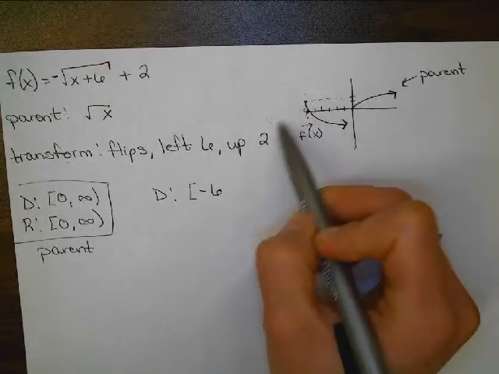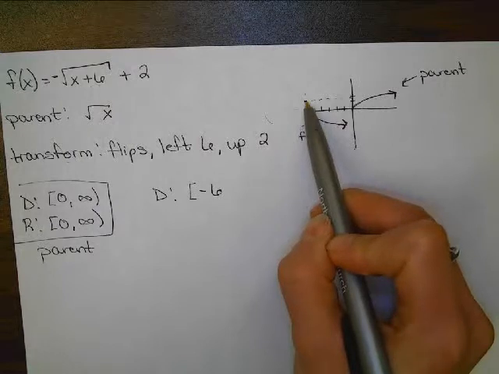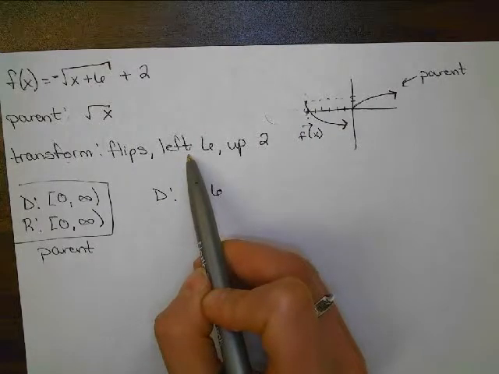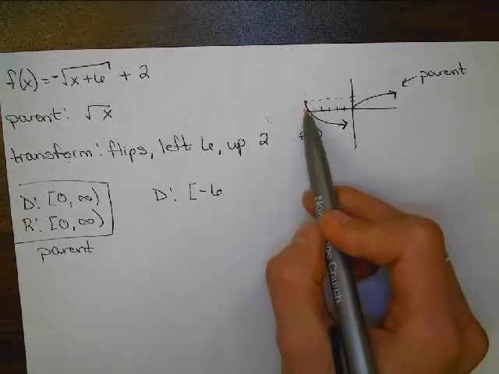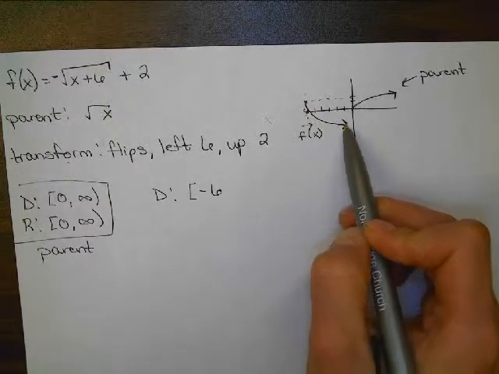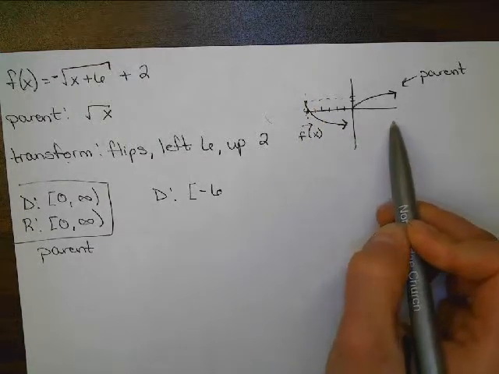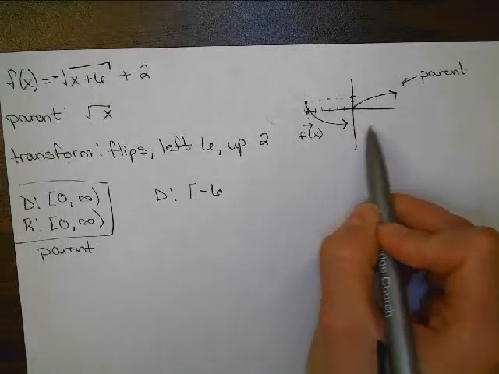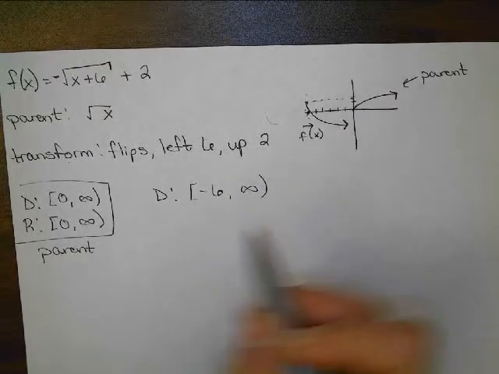There's nothing out here past negative 6. So I'm starting here at negative 6, and again I also know that because I moved left 6. And I'm going this direction. Sure, my graph is going down, but again, that has to do with the y-axis, which has to do with the range. I care more about the fact that it's moving to the right very slowly, so I'm going to positive infinity.